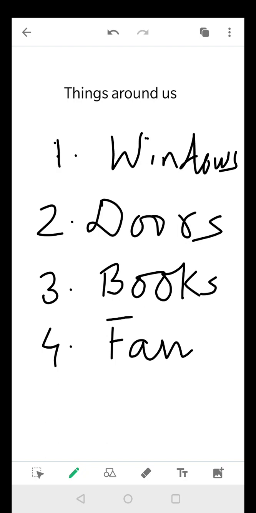Very good. Now let's talk about why we made this list. Just look at the things that you've written. Do you think they need space to keep? Suppose I have to keep the windows. Do they require space? Yes. Those books and fans, all these things that you've listed, they require space when you have to keep them in your house.